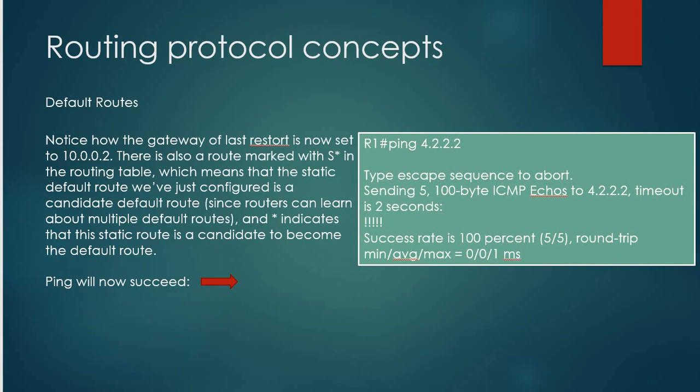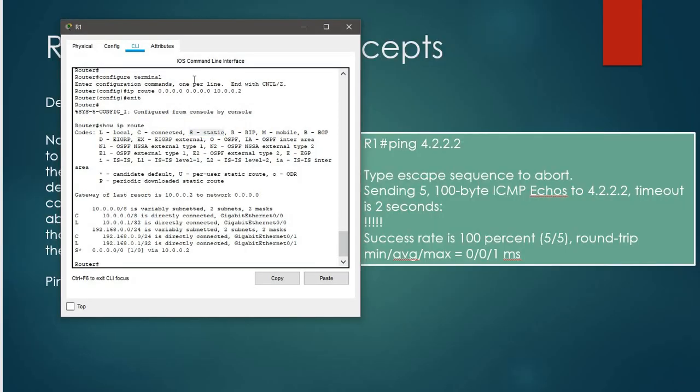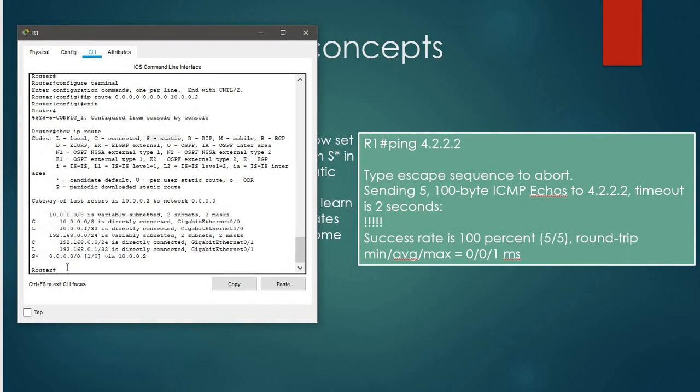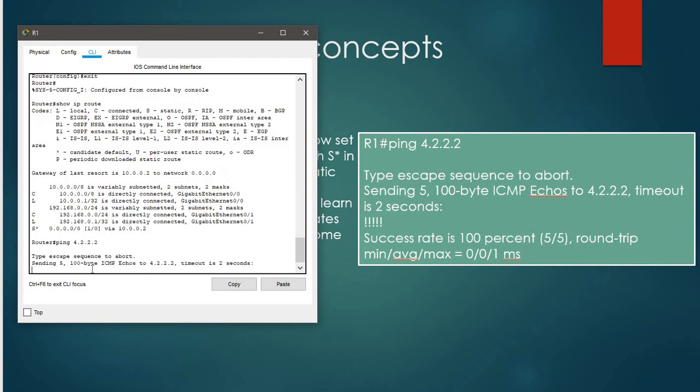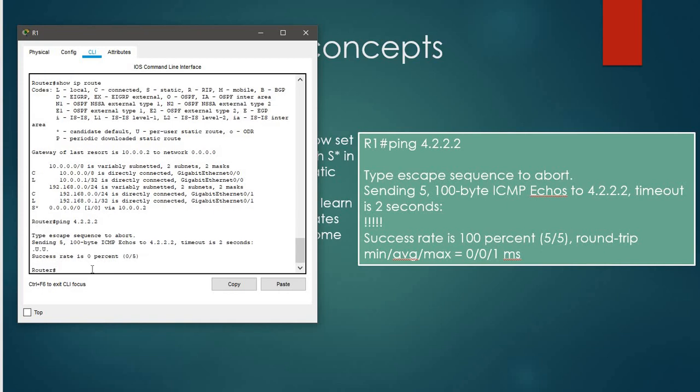So like this we can ping it now. Let's try to ping this IP address from Router 1: ping 4.2.2.2. It sent out the ICMP packets via the default route, but the success rate is not 100%.